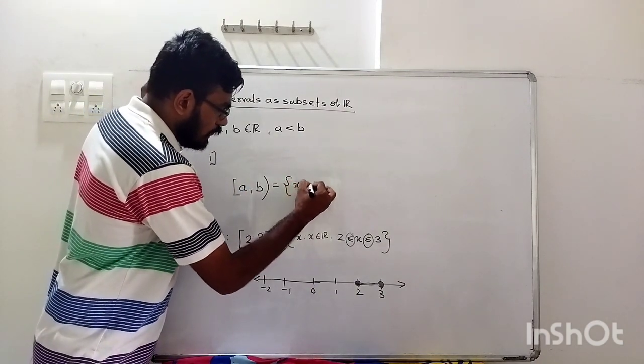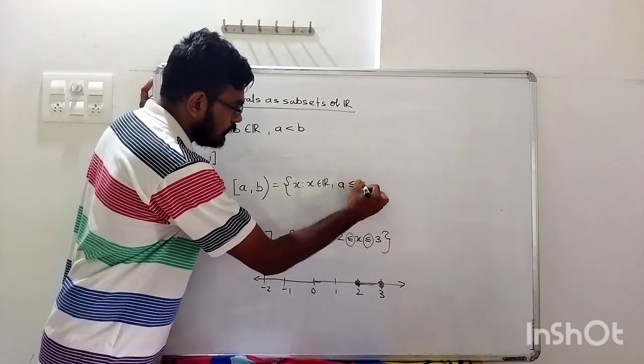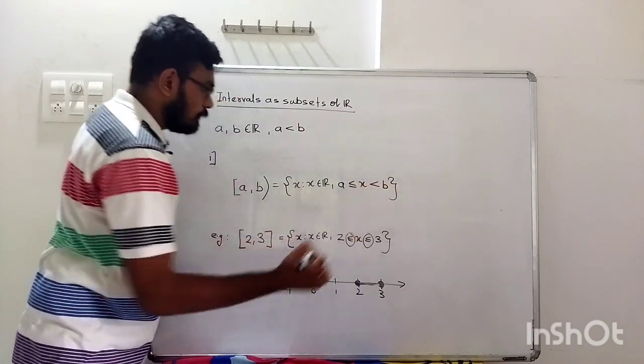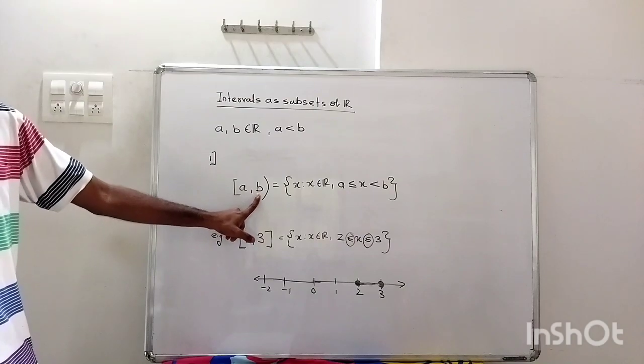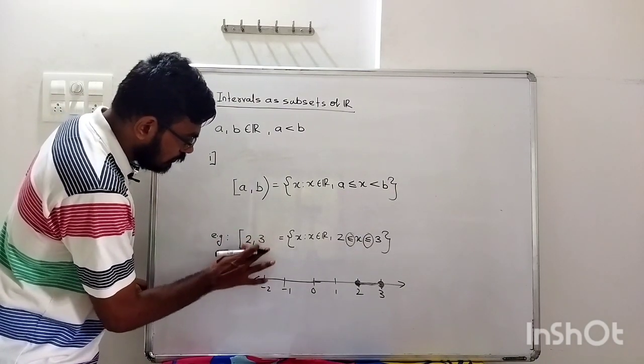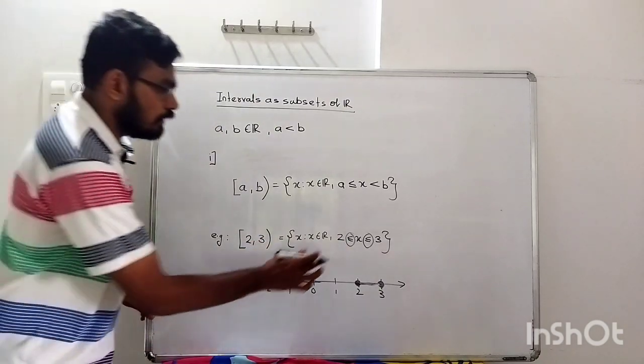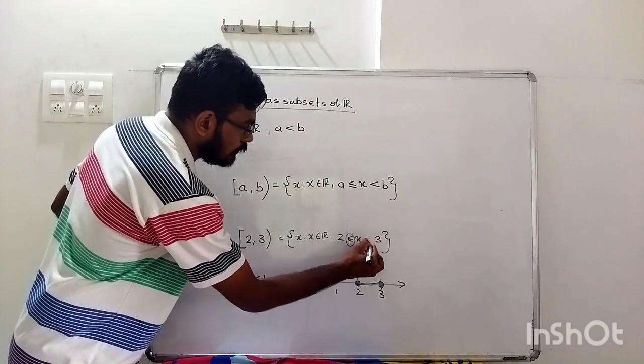For example, x such that x belongs to R and a less than or equal to x less than b. This means this element doesn't belong. If we write 2 and 3, then 3 will not belong to that set. We can't write 3 in that. We will write here less than.